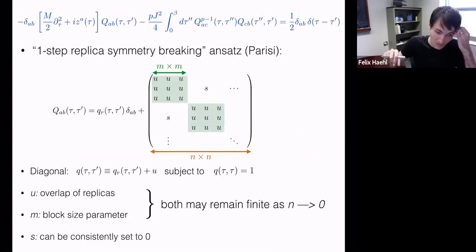Now, how do you solve this equation? There's a well-known strategy for doing that.